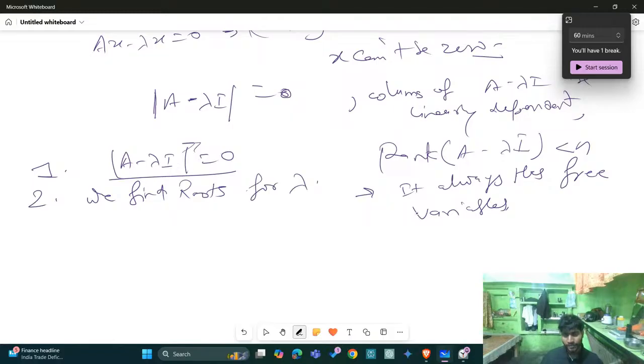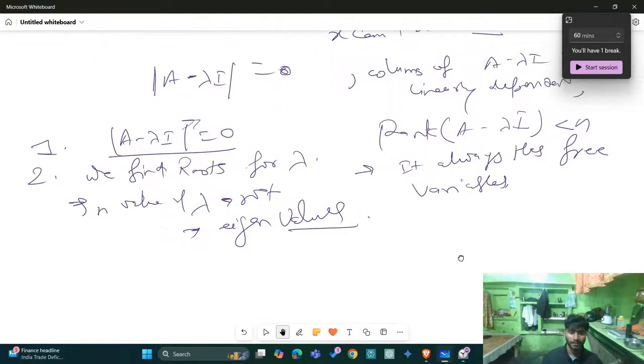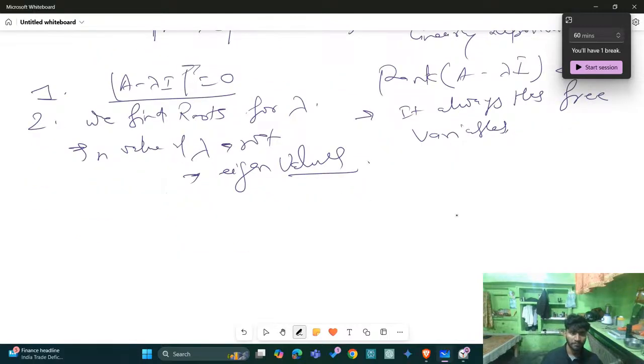All right. Then we get n values of lambda which are roots. This is called eigenvalues. And when we put the eigenvalues one by one, we get n eigenvalues.